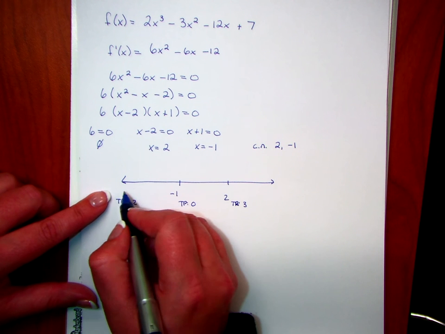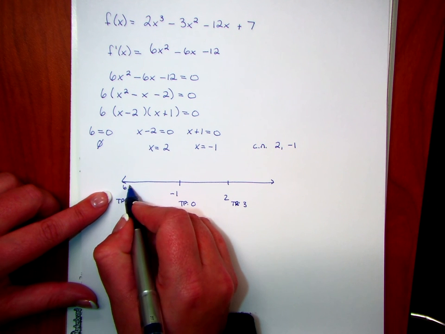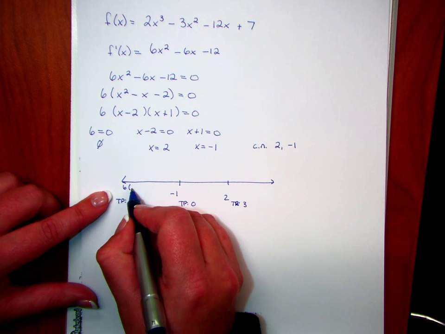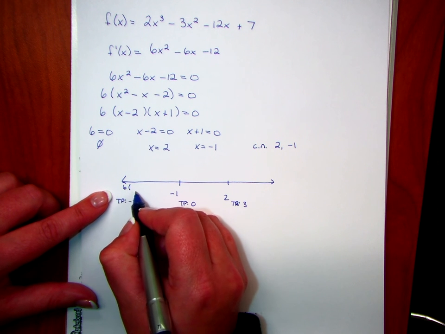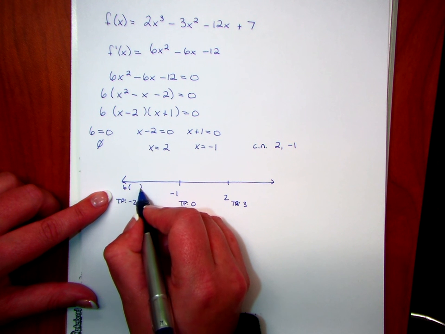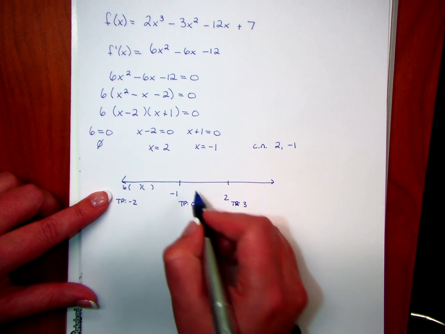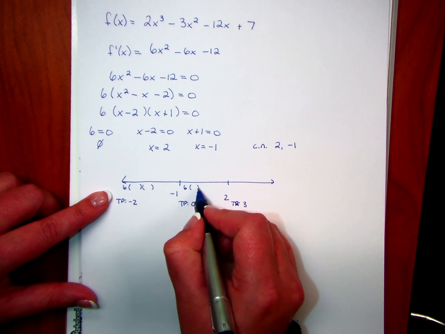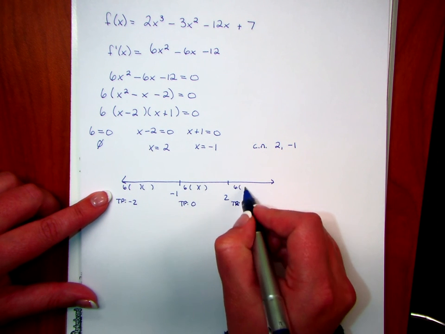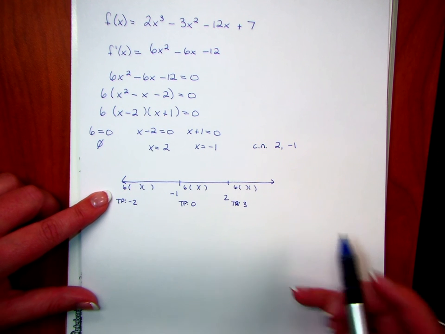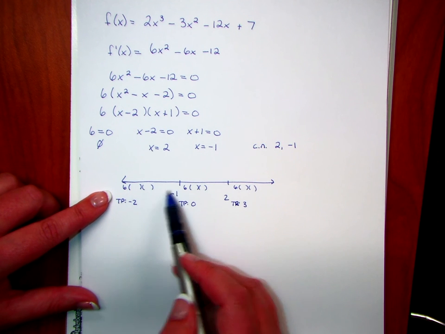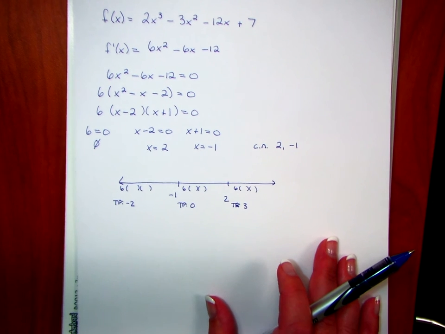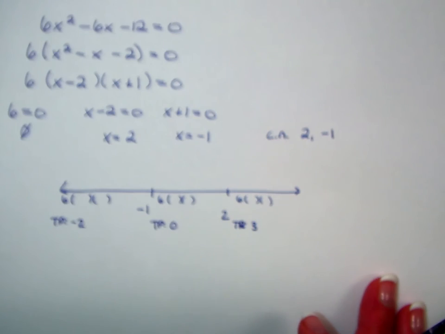So the derivative has a 6, and then an x minus 2, and an x plus 1. So I'm going to put 6 here, and then 2 open sets of parentheses, 1 for each of those factors. So this is kind of like my skeleton for the factored form of the derivative.